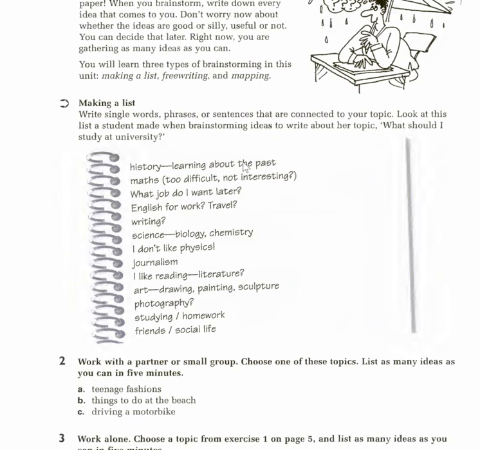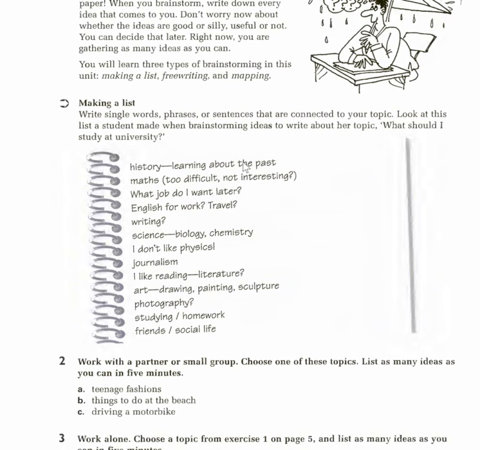So in this exercise, the student should choose one topic, either teenage fashions, things to do at the beach, or driving a motorbike. And then in 5 minutes, you write as many ideas as you can about the topic.